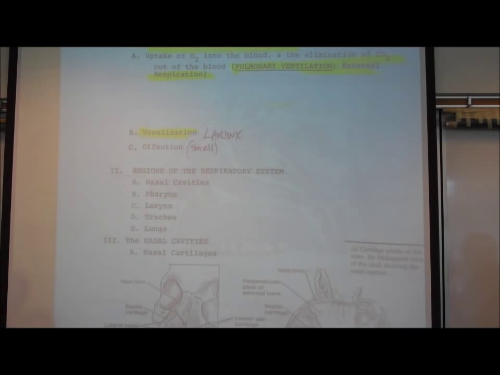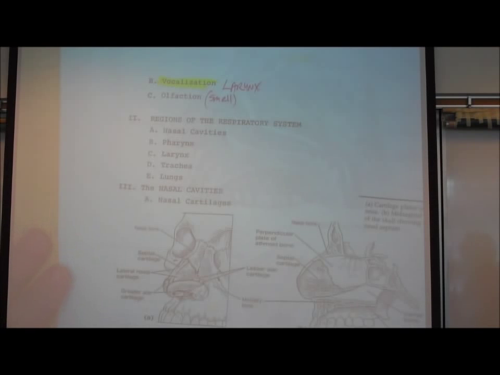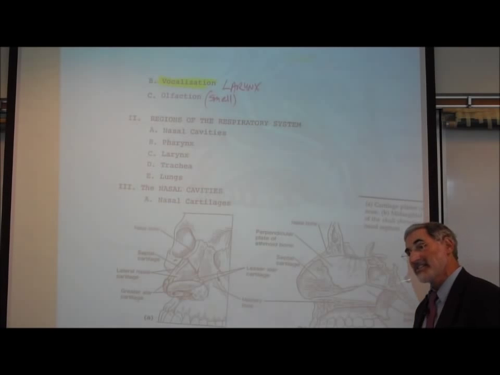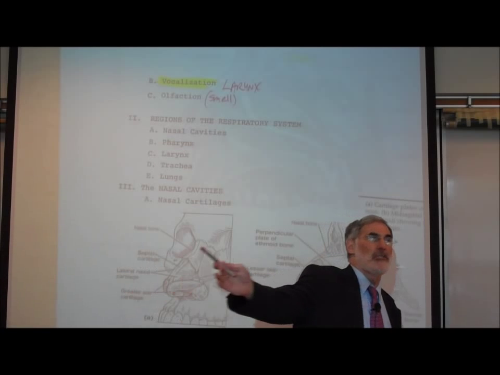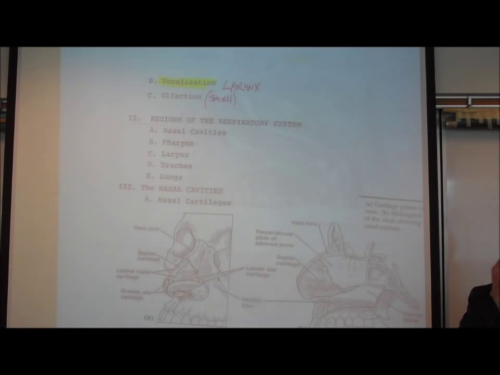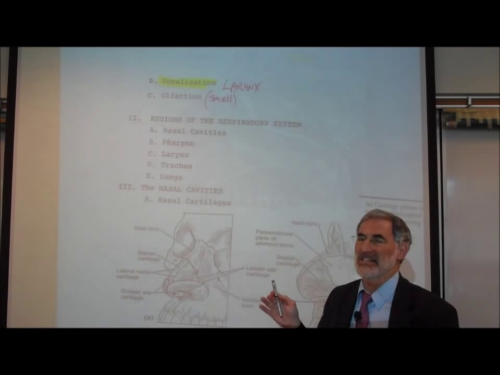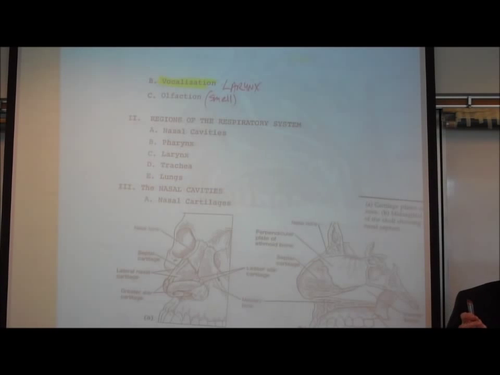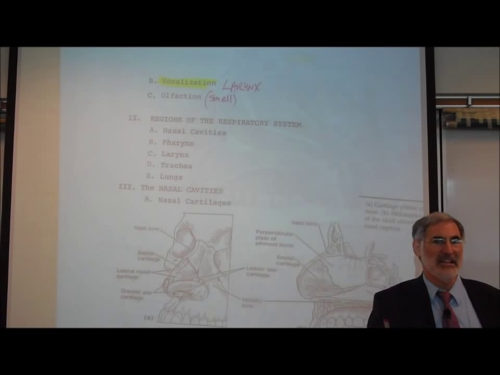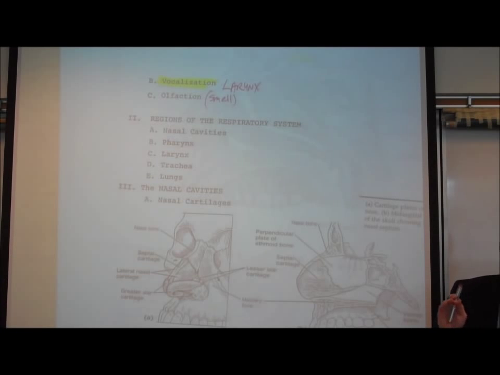All right, now we're going to divide the respiratory system into different regions, just as we did with the digestive system. Remember, with the alimentary canal, we talked about how food moves through from the oral cavity, oropharynx, laryngopharynx, down the esophagus to the stomach, to the duodenum, jejunum, ileum, cecum, ascending colon, transverse colon, descending colon, sigmoid colon, rectum, and anus.